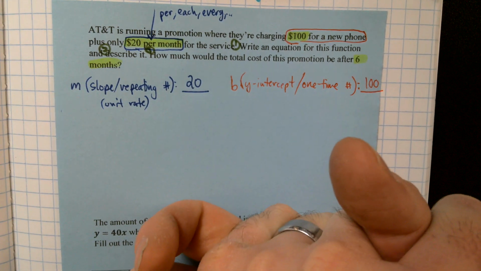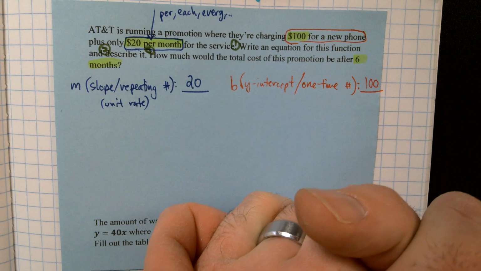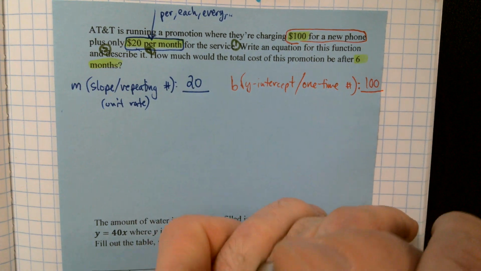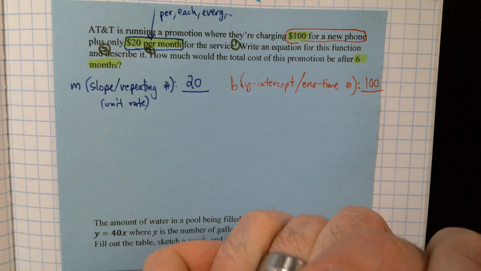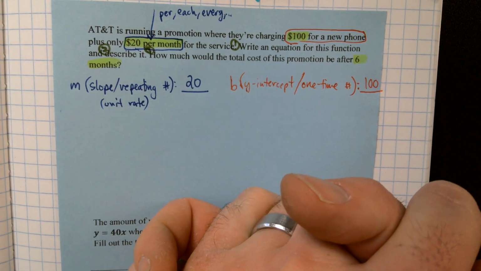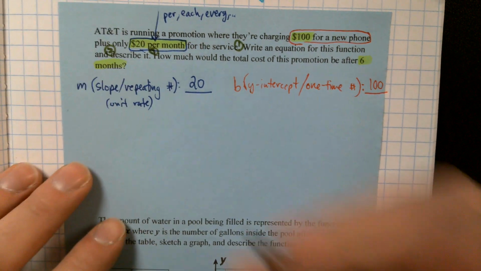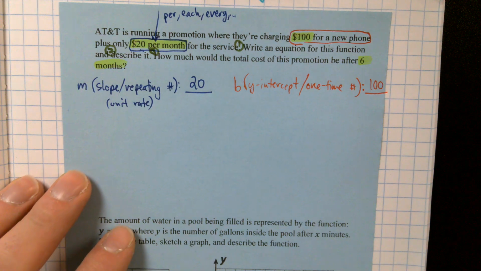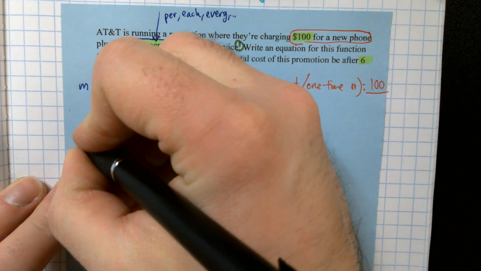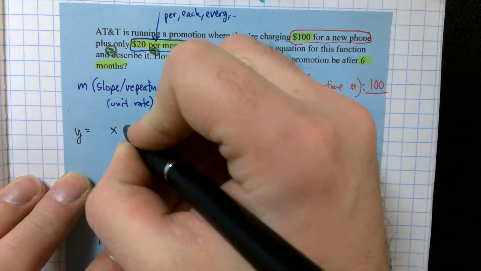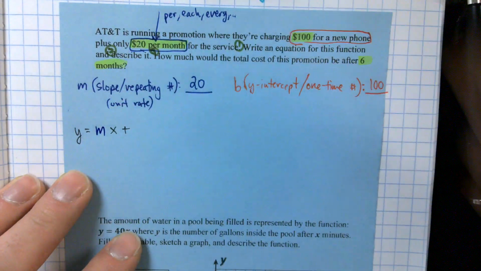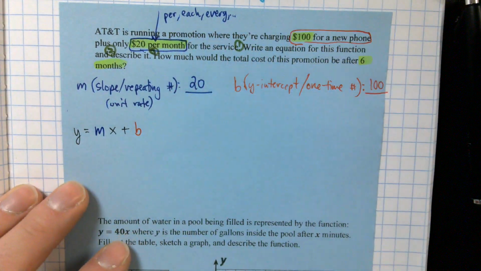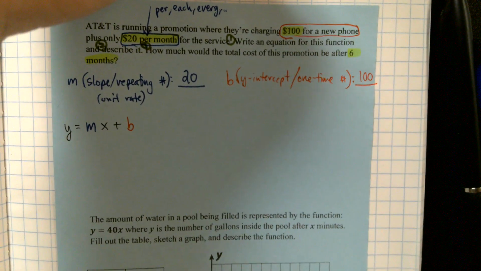What's my number one that I labeled in my question? What does it say to do? Write an equation. Well, if I have an M and a B, what type of equation can I write? Y equals mx plus b. Y is equal to mx plus b. It's my slope-intercept form. Okay, it's also my formula for a function.